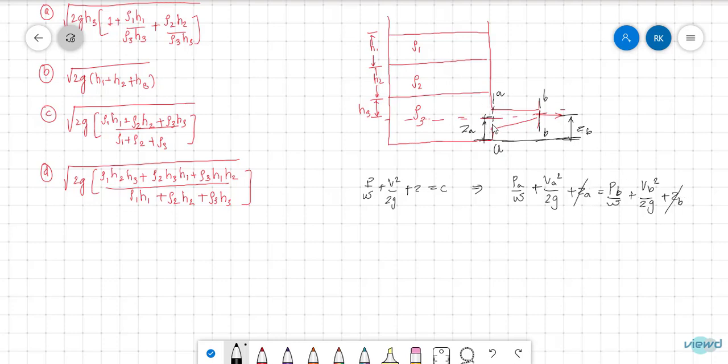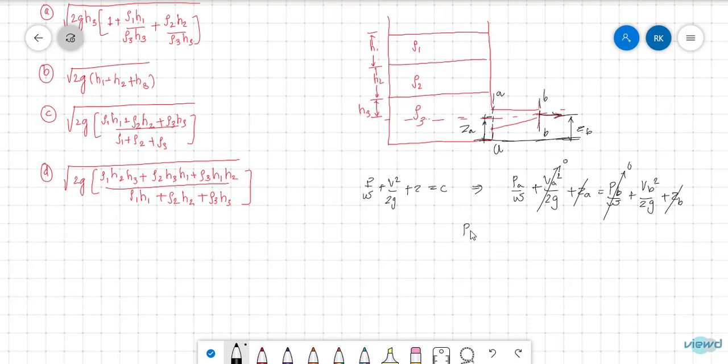And the fluid is starting from here, so velocity is 0 at this section AA. And here, when the fluid comes outside, atmospheric pressure is acting. So taking it as a gauge pressure, this pressure will be 0.